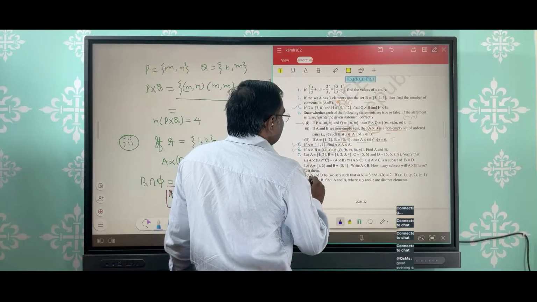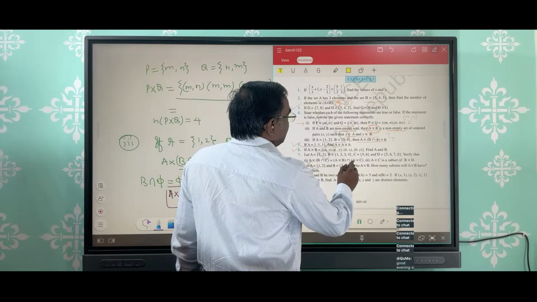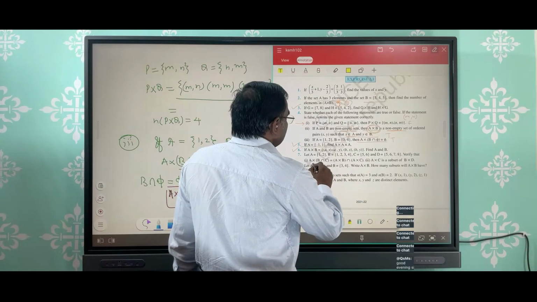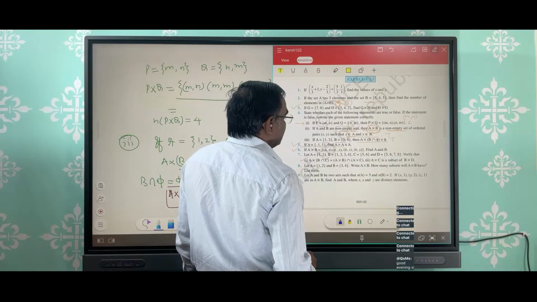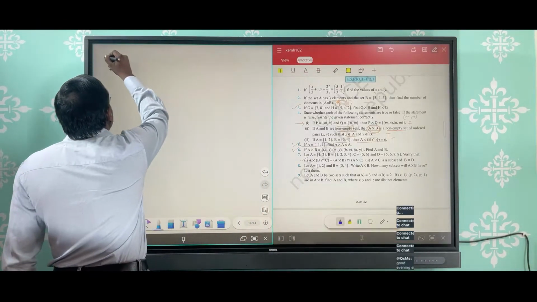Now question number 7. If A, B, C and D are given, verify this. Okay, so let us do this. That is elaborative. Question number 7.